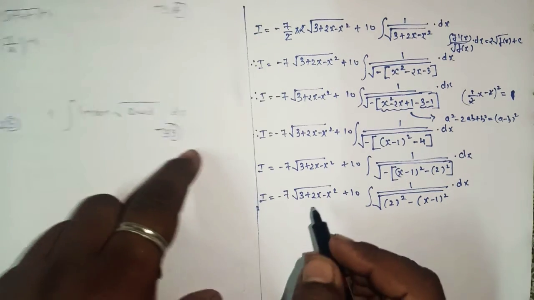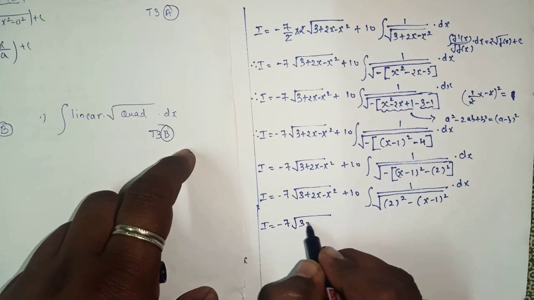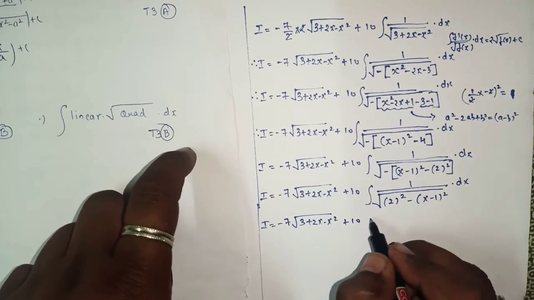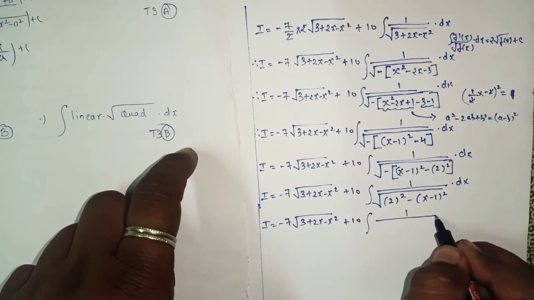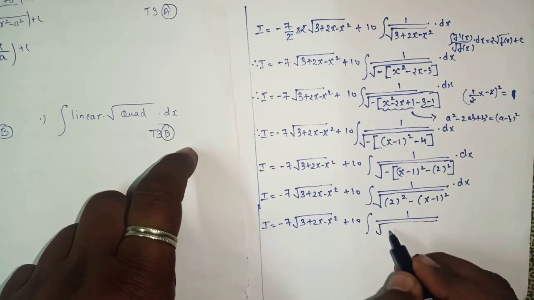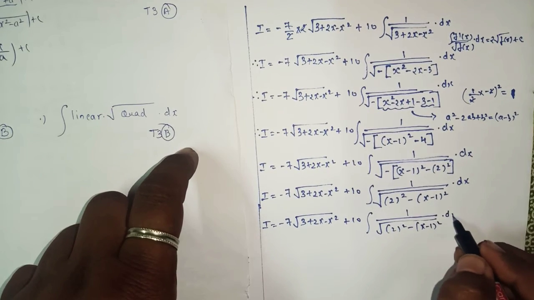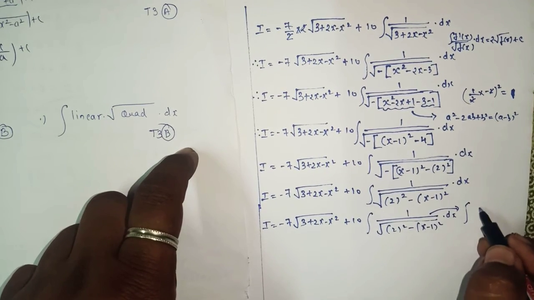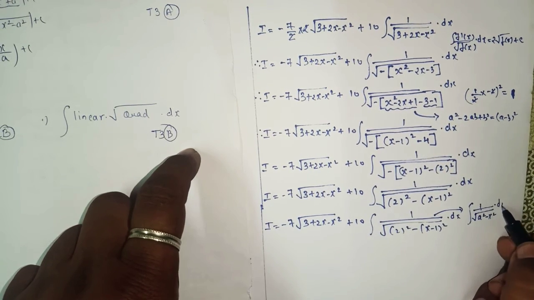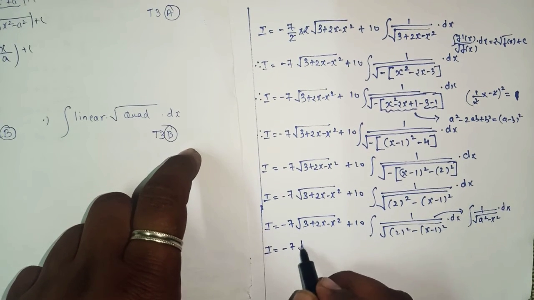Okay, so here we'll apply the formula, that is I equals to this part will write same as it is, 3 plus 2x minus x square plus 10 integral 1 upon, okay, as clearly we can see that this part is in the form of integral 1 upon root a square minus x square into dx. Okay, so now we'll integrate with respect to x.